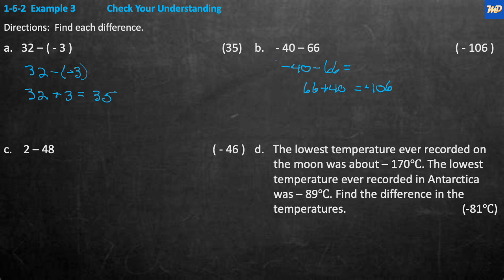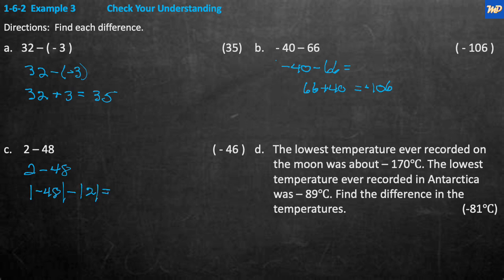Okay, and for C, we have 2 minus 48. In this case, we have two opposites: a positive 2 and a negative 48. According to our rule, it says to take the absolute value of negative 48 minus the absolute value of 2.